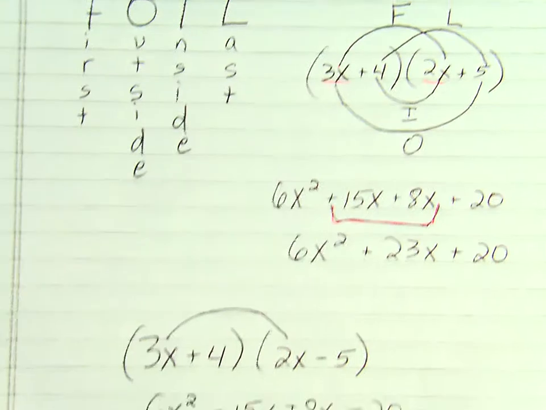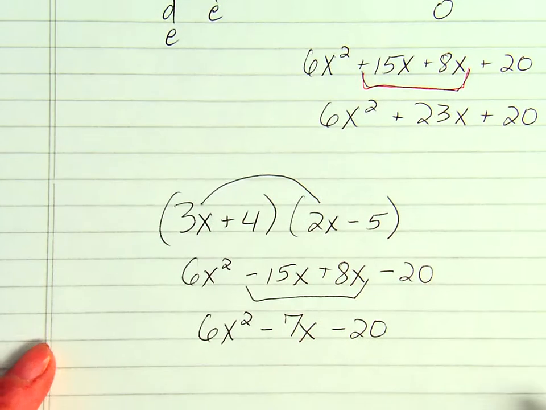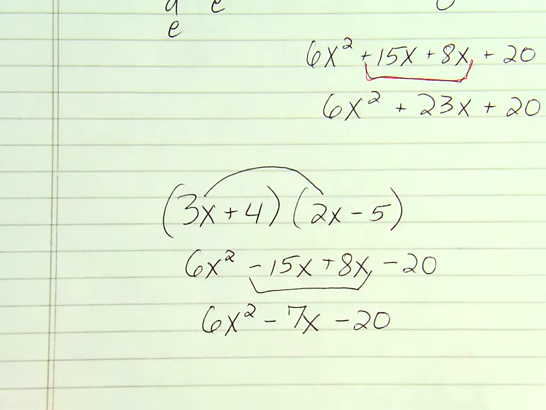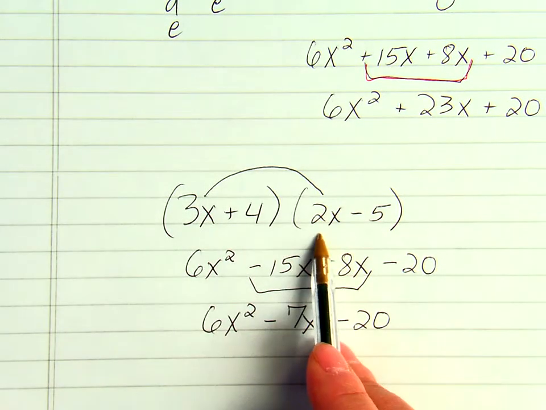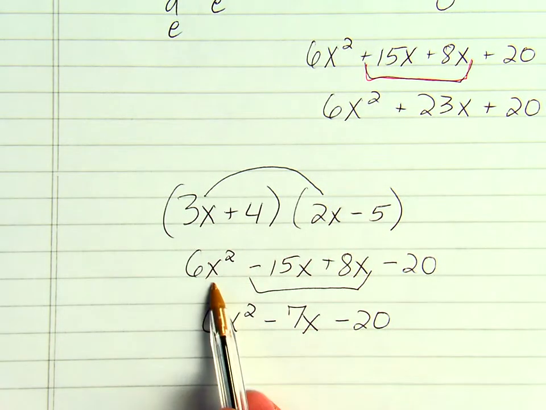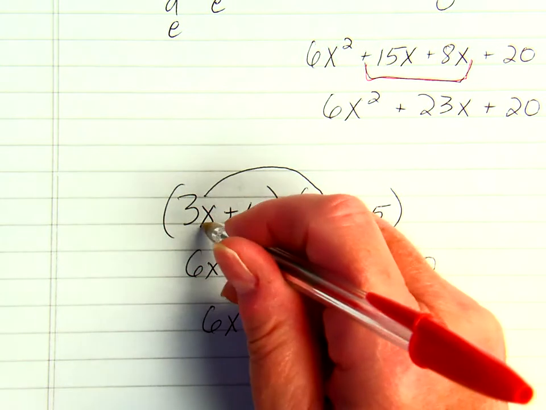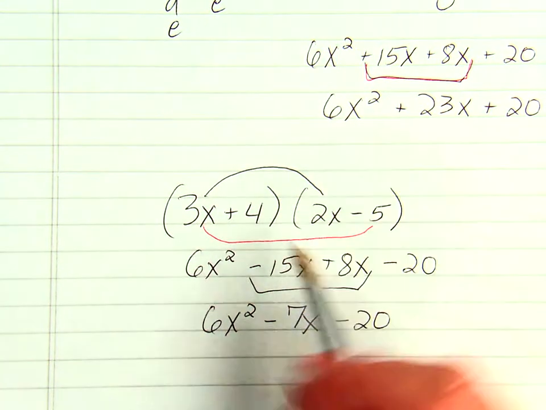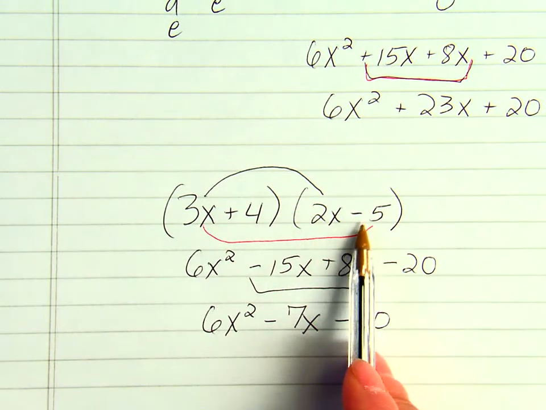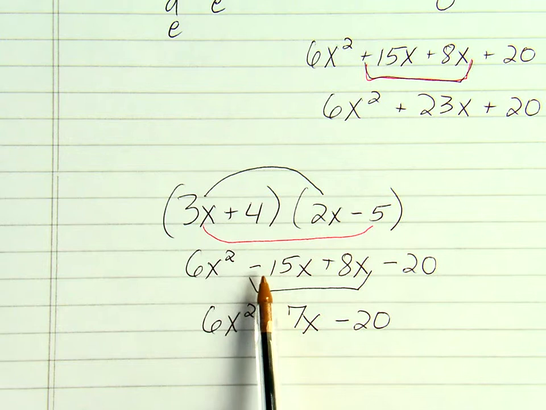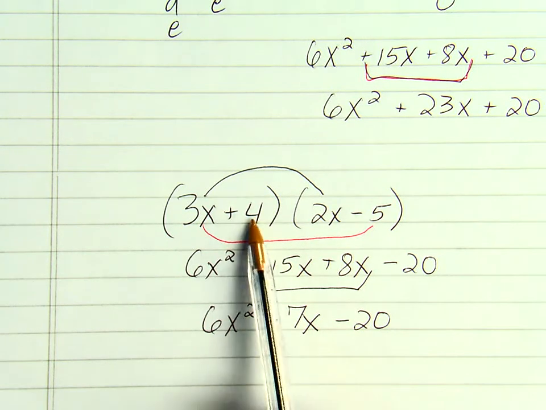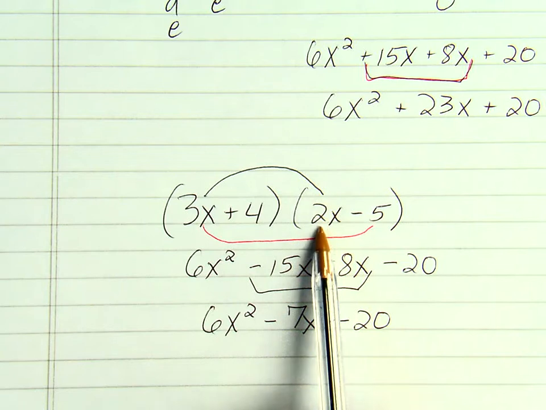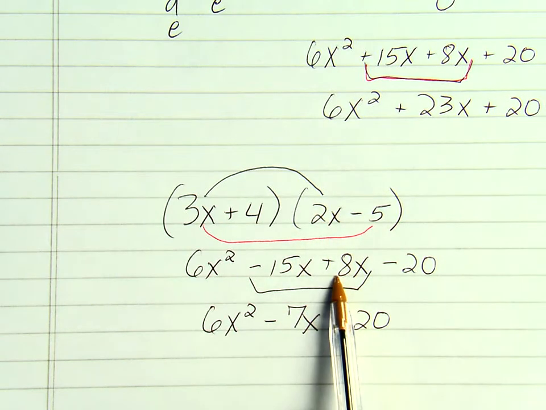Okay, let's look at another FOIL example. Starting with our first, 3x times 2x gives us 6x squared. Going to our outside now, we have 3x times a negative 5, giving us negative 15x. Now looking at our inside, positive 4 times positive 2x, positive 8x.